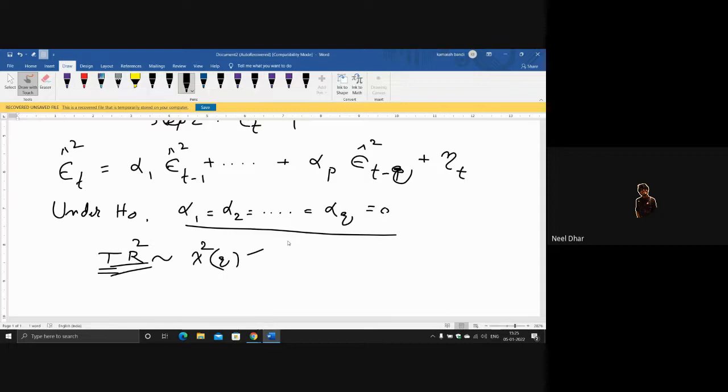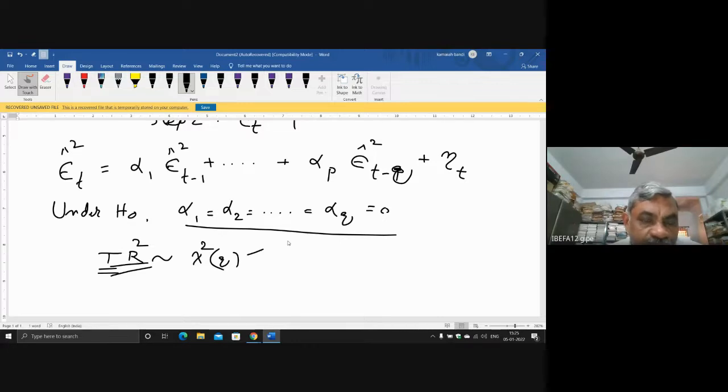Shouldn't we be running an F test all the way? Actually, for this, it is not that. Here you have a statistic. That statistic is R squared multiplied by the sample size. This follows chi-square distribution.